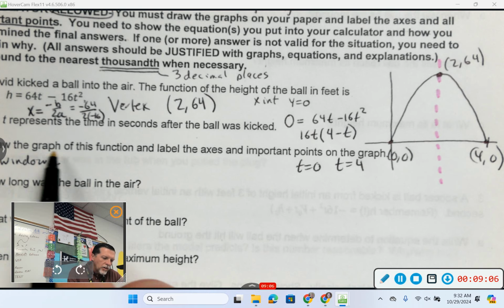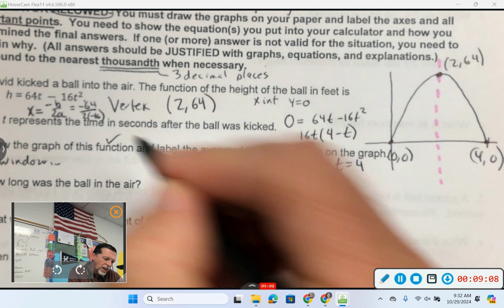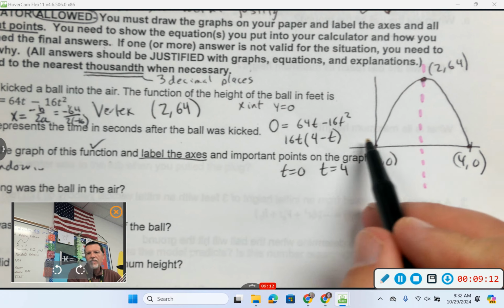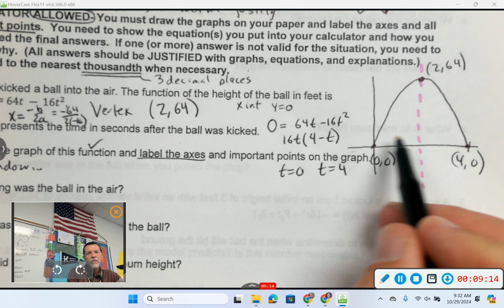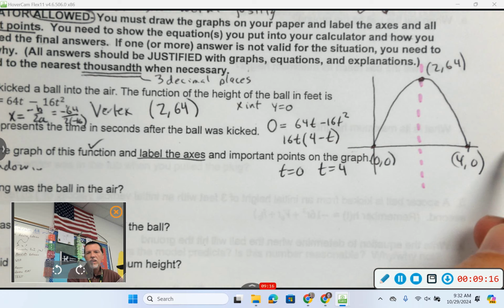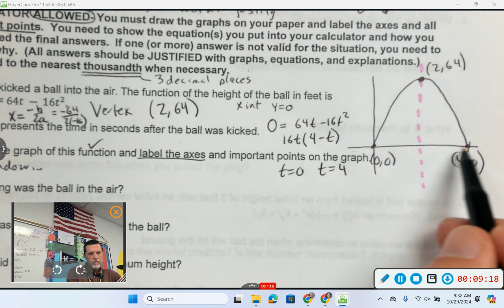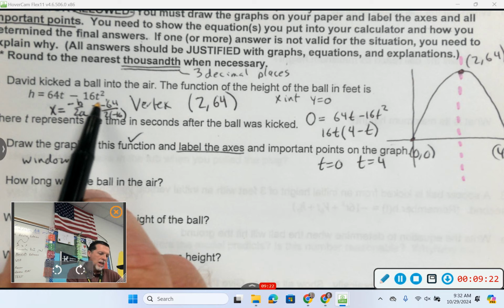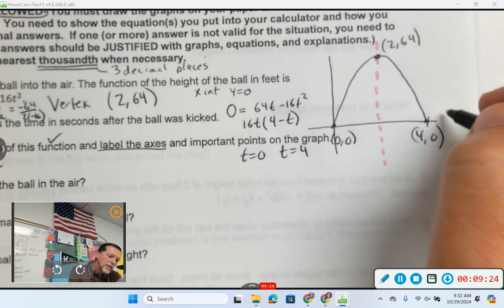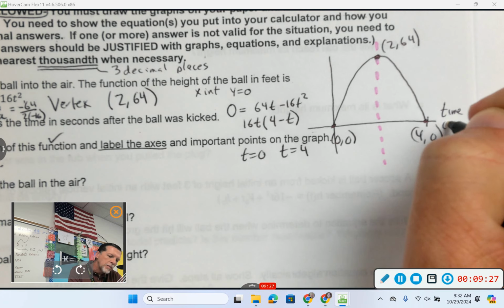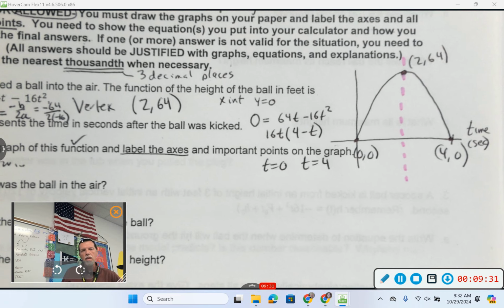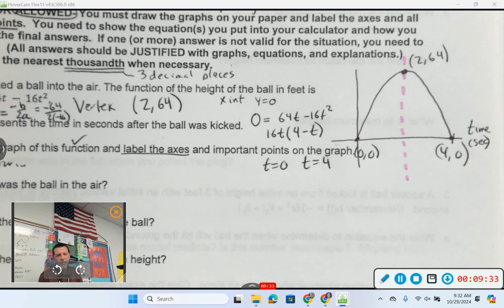Alright, part A. Draw the graph of this function. Check. Label the axes. Whoops, haven't done that yet. What is the x-axis? What is that measuring? What's the independent variable in my equation? Time. So this is time in seconds. This is the x-axis.